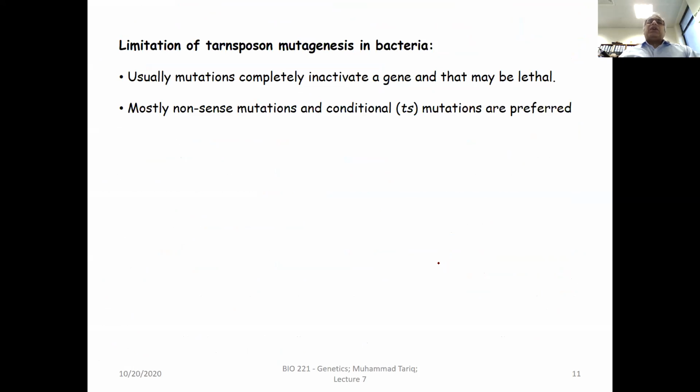There are limitations for transposon mutagenesis because usually geneticists like to get conditional mutations as well as nonsense mutations. Nonsense mutations are premature stop codons, which are very strong mutations, and also temperature sensitive mutations, so that even if a mutation is lethal at normal temperature, let's say at 37, the bacteria will grow just like a normal bacteria unless you shift the temperature to the restricted temperature, and only then will the bacteria show some phenotype.